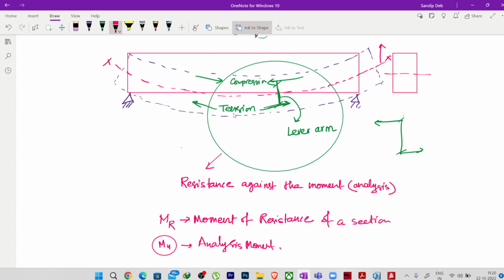To resist this, or to increase its capability to take the tension, we provide reinforcement bars in it. So what we need to find while designing an RCC beam or RCC column or whatever RCC section it is, is ultimately the amount of rebars or reinforcement that we need to provide.